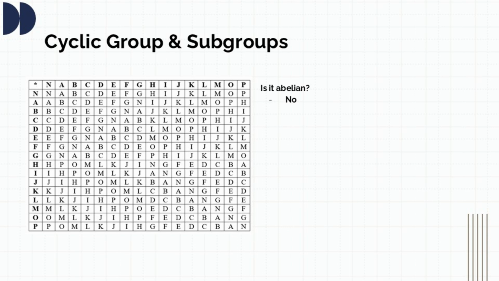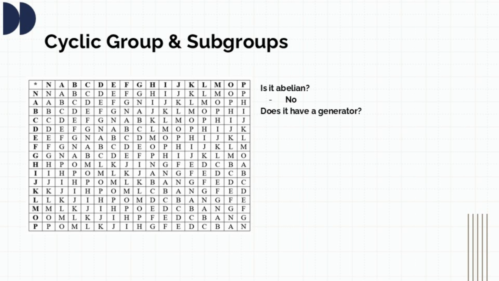For example, G star H is not equal to H star G because G star H is equal to P and H star G is equal to I. So, it is not commutative. So, we can say that this group is not abelian.